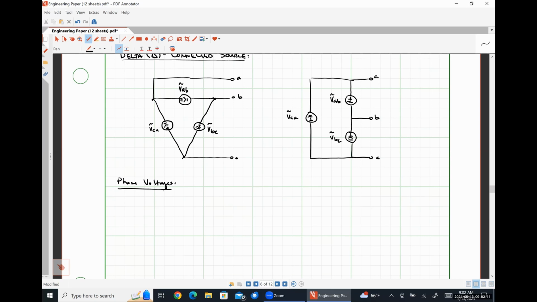So for a voltage source, that's literally always just the voltages that are provided by each source. So our phase voltages will be VAB, VBC, and VCA. It literally can't be anything else because those are our voltage sources, each one of them representing one phase of our three-phase source. So they literally have to be our phase voltages.